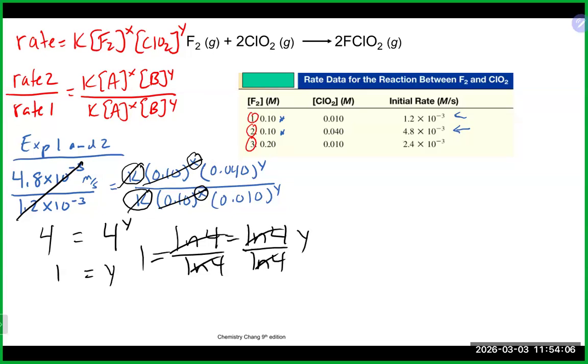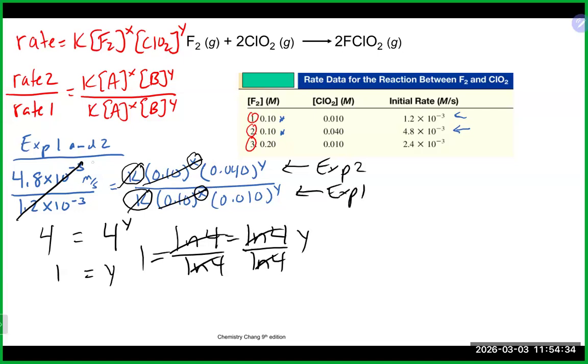So when you want to choose the experiments based on the concentrations where one stays the same and one varies, once you've decided I'm going to go with experiment 1 and 2, I personally would choose to put whichever experiment, 1 or 2, has the larger rate up on top. And that's what's going to get you basically whole numbers, because everything up here on top is all from experiment 2, and everything on the bottom is all from experiment 1.